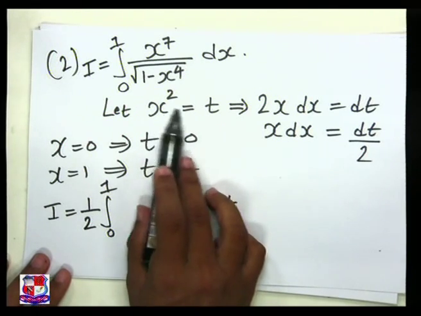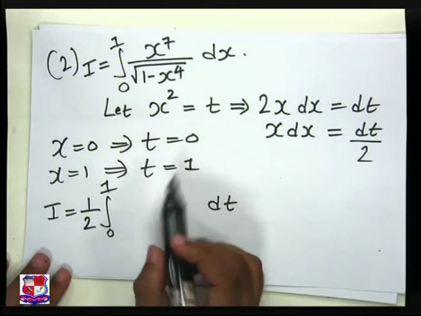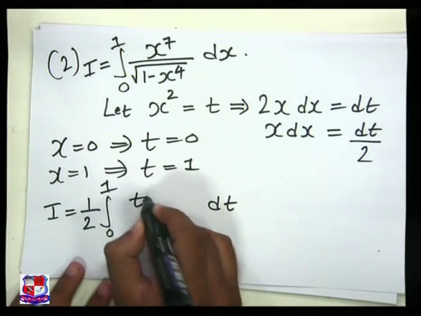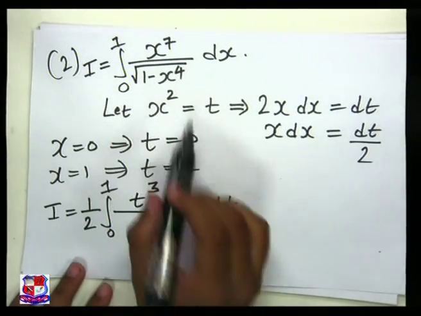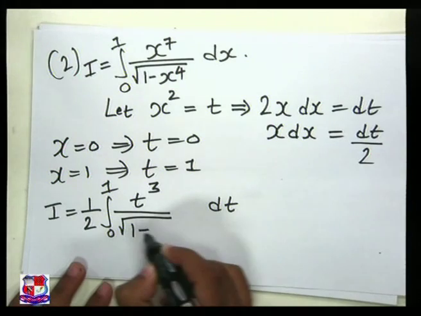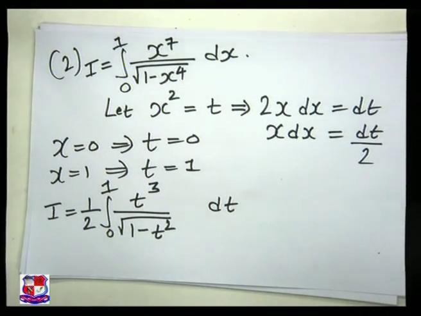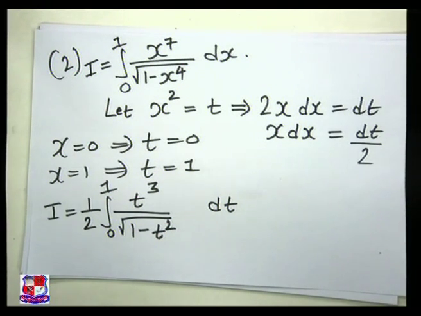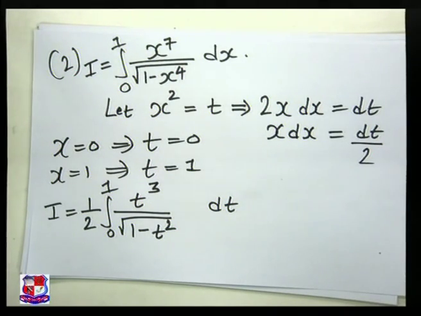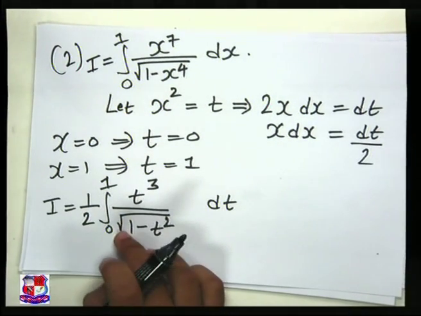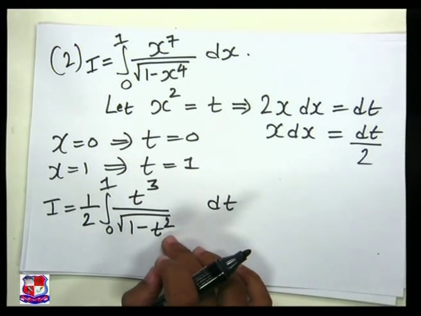So t raised to 3 upon under root 1 minus t square, so I is 1 by 2 times the integration from 0 to 1 of t cube upon under root 1 minus t square.